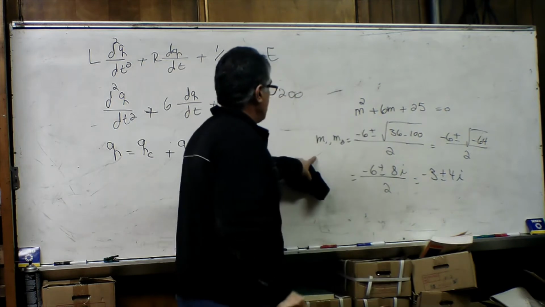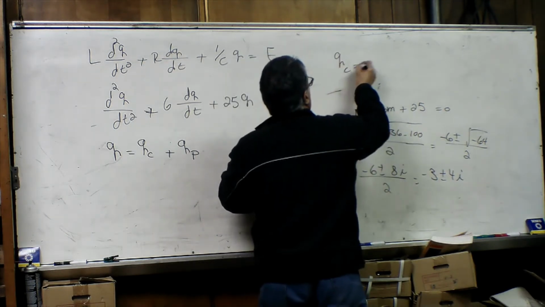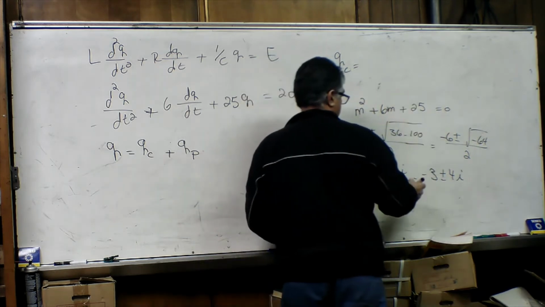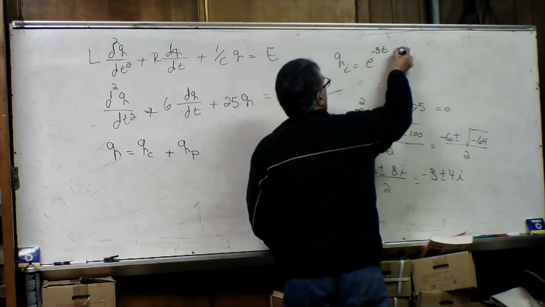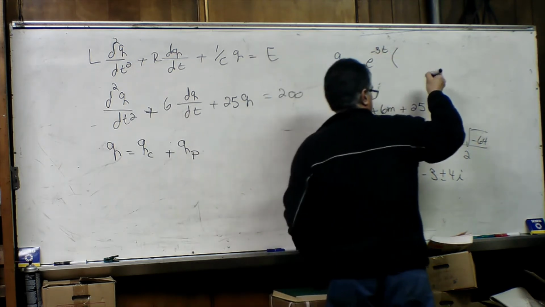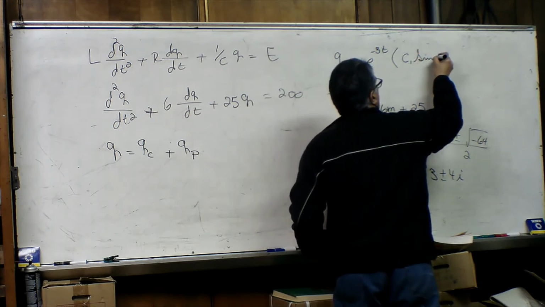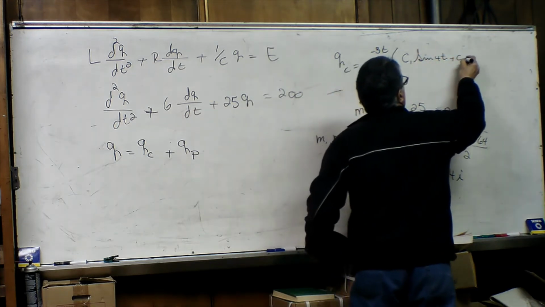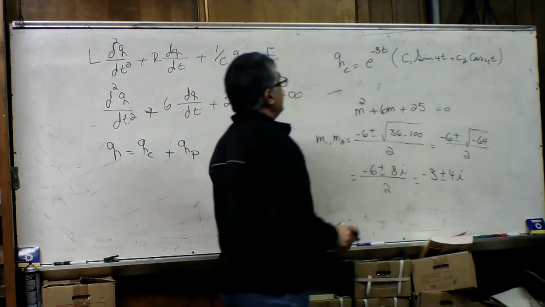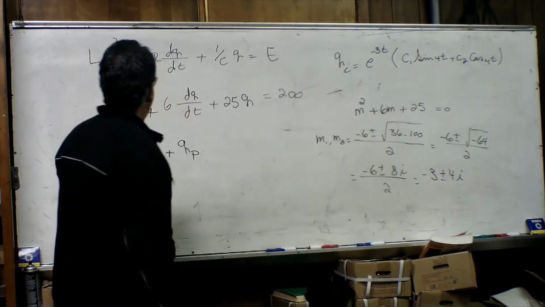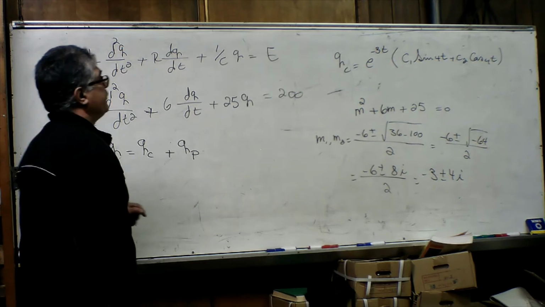So the general solution for this, or QC, will be e to power minus 3t multiplied by C1 sine of 4t plus C2 cosine of 4t. So this is the general solution for the non-homogeneous portion of our equation.